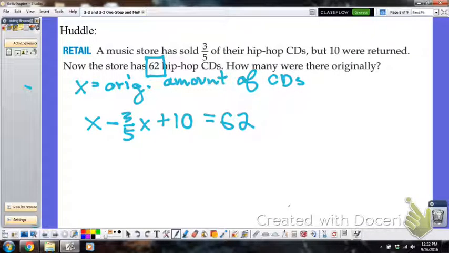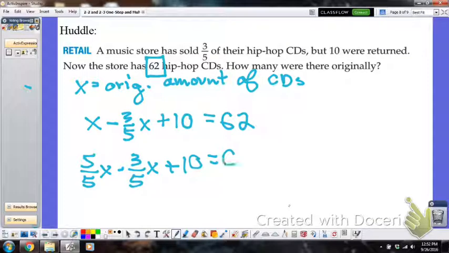But let's do a little simplifying first. We can take an X and a negative 3/5 X, simplify it. So X minus 3/5 X, that's the same thing as 5 over 5X minus 3 over 5X plus 10 equals 62.